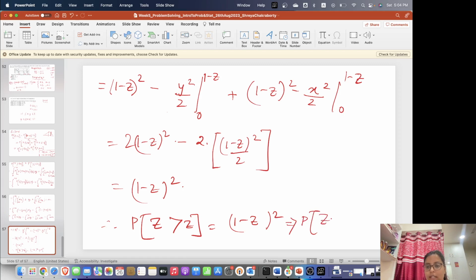Therefore probability Z less than or equal to z will be 1 minus (1 minus z) whole square, that is 1 minus 1 plus 2z minus z square. So we have 2z minus z square.